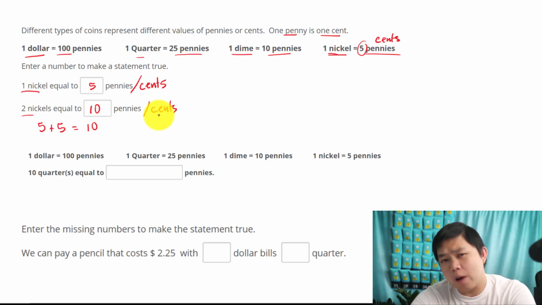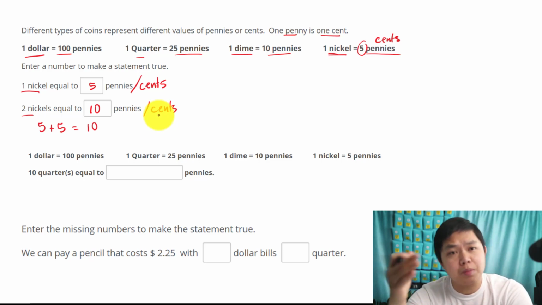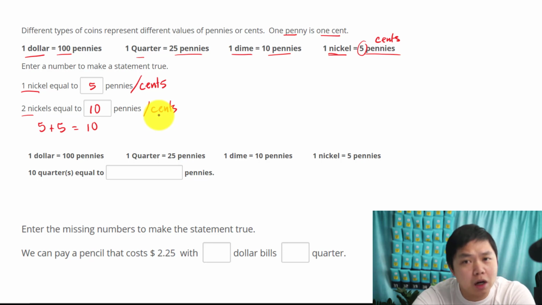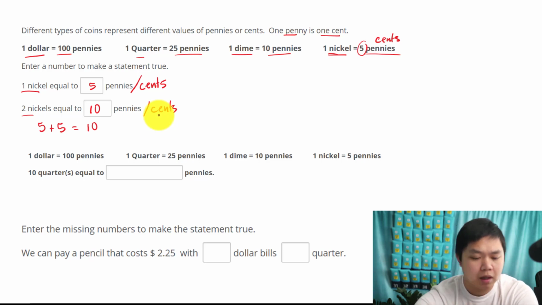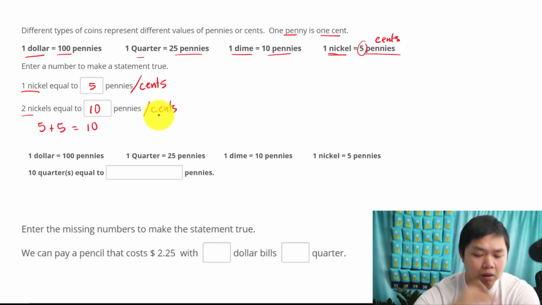So that's the reason why we have different names for different bills, like $1 bills, $5 bills, and sometimes $100 bills. That way we can pay for something really expensive, and actually double check that we paid the right amount.